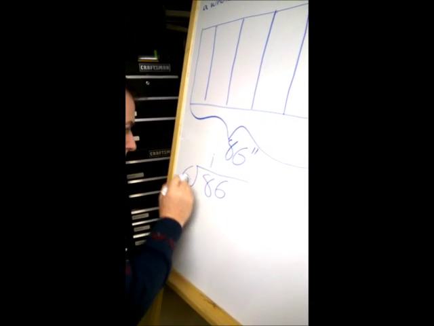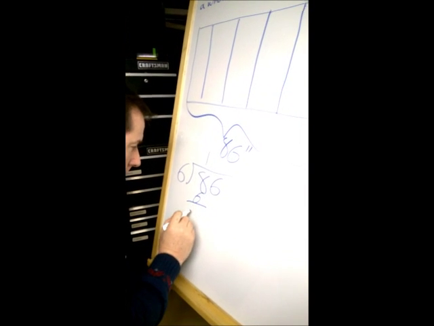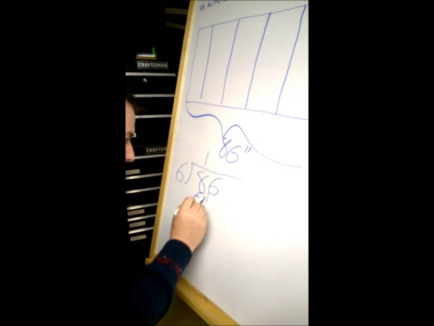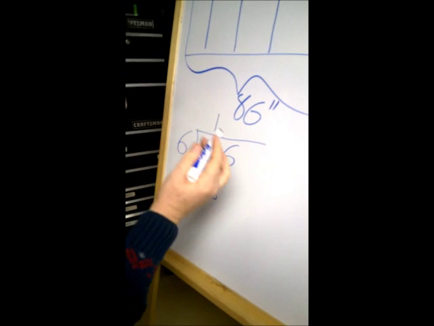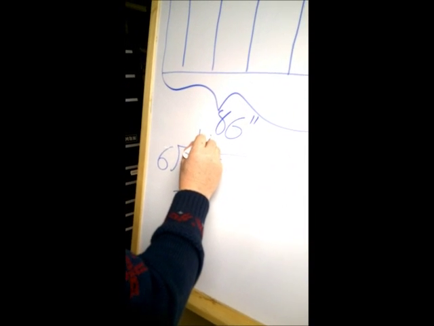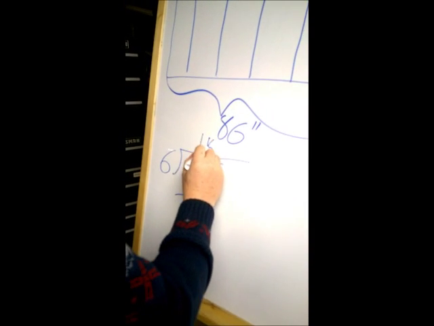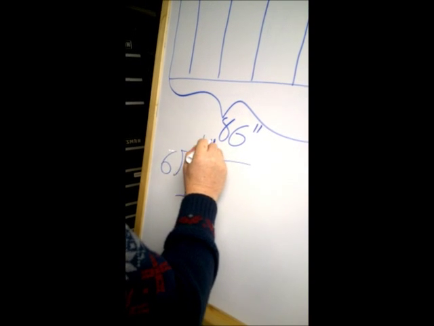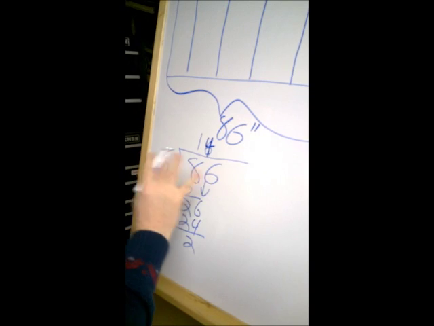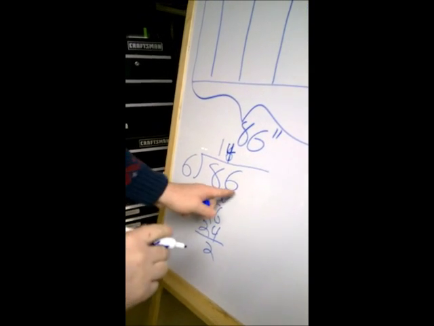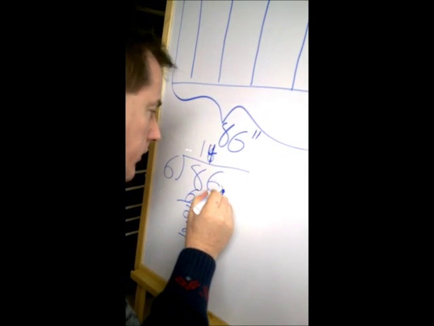6 into 8, 1. 1 times 6 is 6. Subtract. 8 minus 6 is 2. Bring down the 6. 6 into 26 goes 4 times. 4 times 6 is 24. Bring down 2's left. I don't have anything to bring down, so I'm going to put some ghost zeros in.